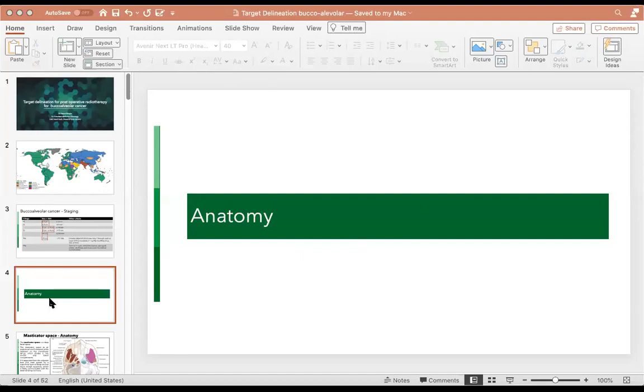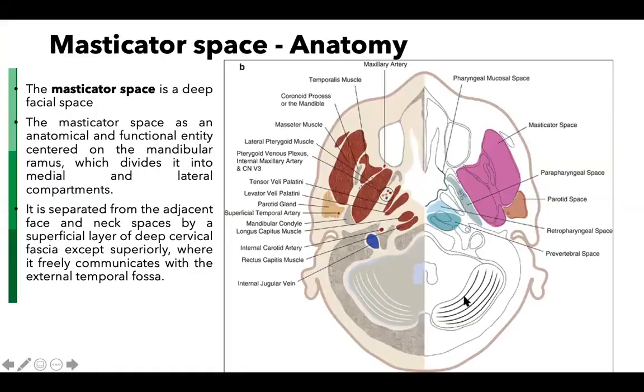So now we come to the anatomy, and when we talk about the anatomy, there are two aspects we need to be aware of. We need to be aware of the masticator space, and we need to be aware of the muscles in this region. So this is the masseter muscle. This is the temporalis muscle. This muscle is critical for us, as we'll discuss later.